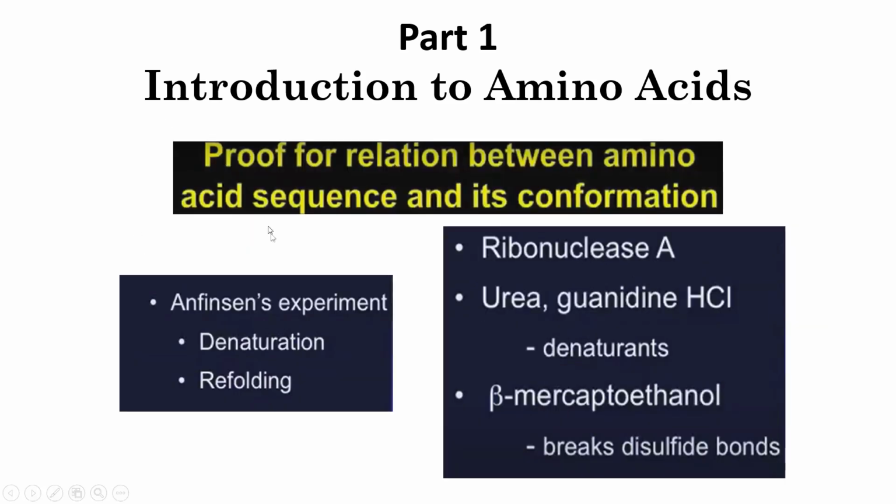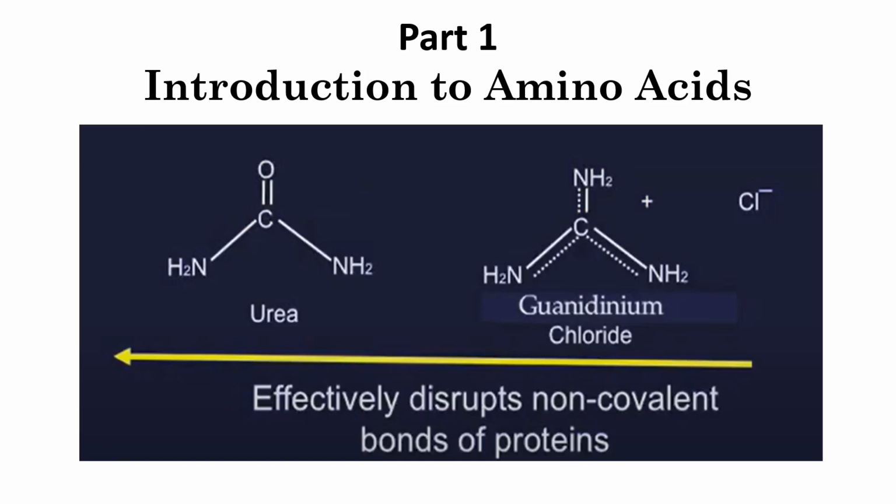There was one of the scientists who tried to determine that by using different types of degrading agents, and tried to find that because of the sequence, the conformation is different. So he explained the role of different compounds which have different effects on an amino acid or protein sequence.